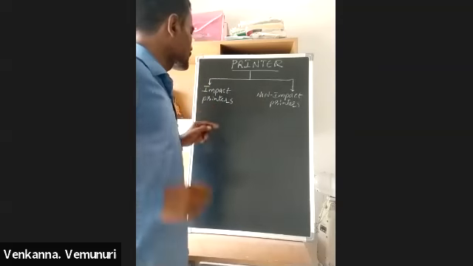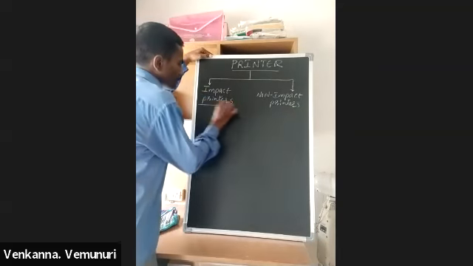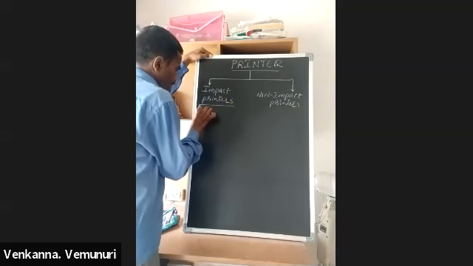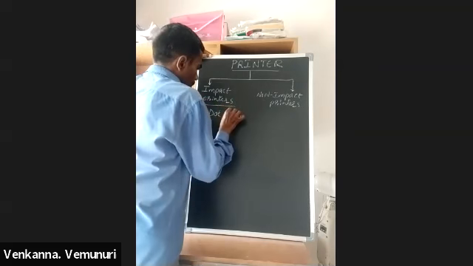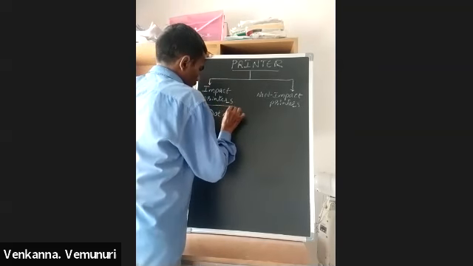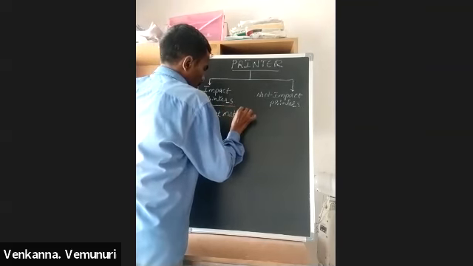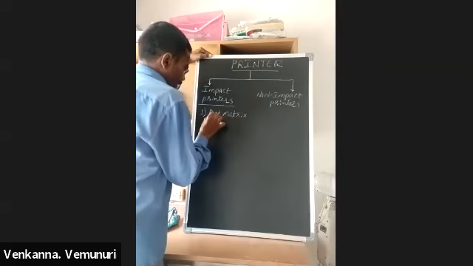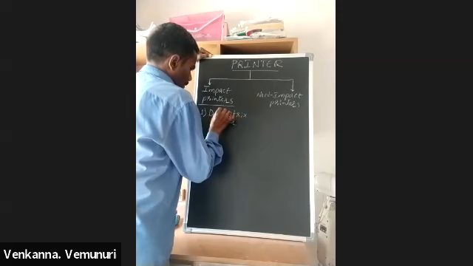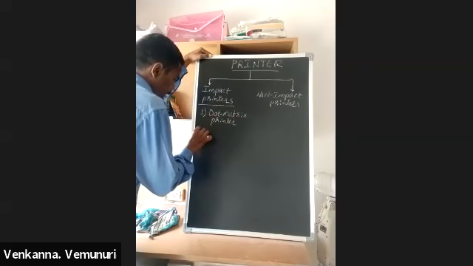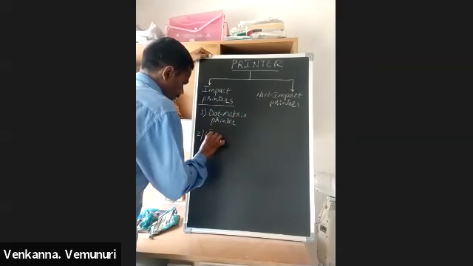Impact printer examples. First one is dot matrix printer. Second one is line printer.